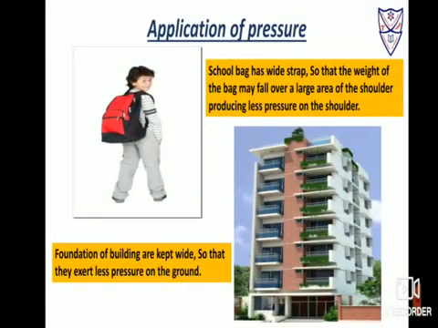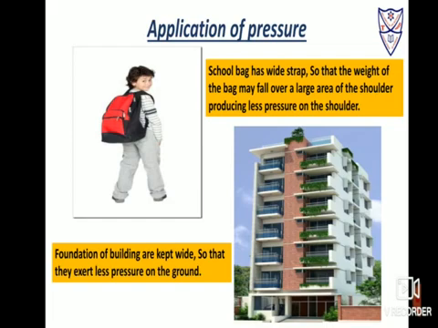Third, you can see a school bag has wide straps made of thick cloth, so that the weight of the bag falls over a large area of the shoulder of the child, producing less pressure on the shoulder, making it more comfortable to carry heavy school bags.